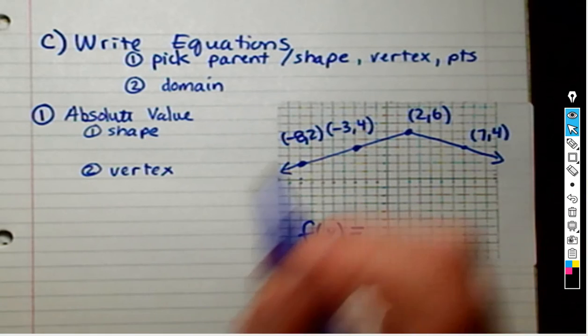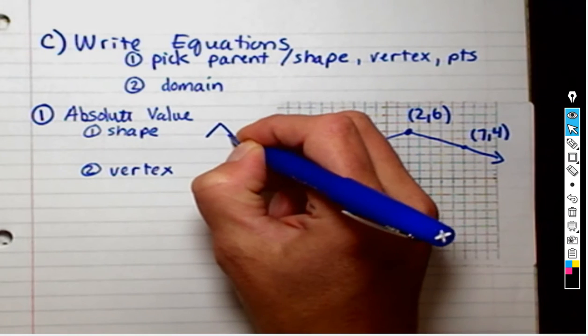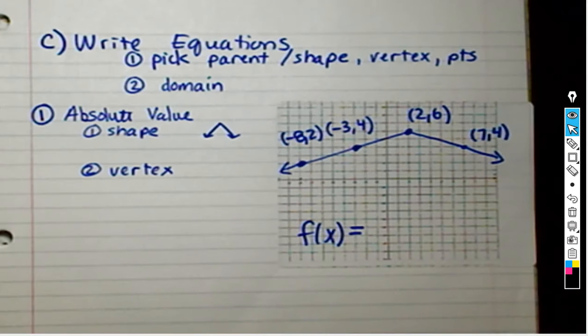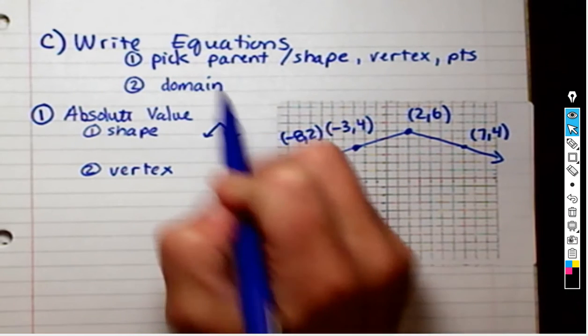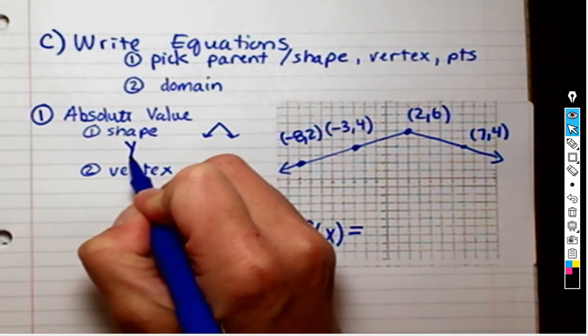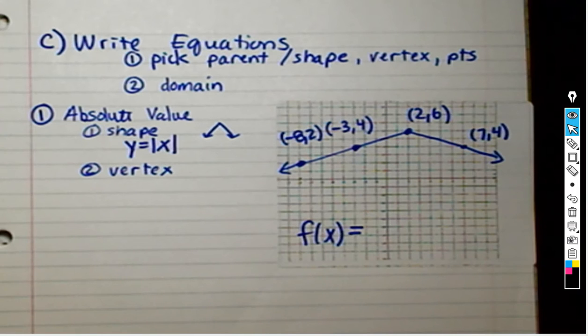It's a V, yes. I know, it was not a trick question. Okay, so it's an opening down V. So that means that it's the parent function. We got the shape to help me pick the parent. That is the absolute value of x. I've got to pick the basic equation.